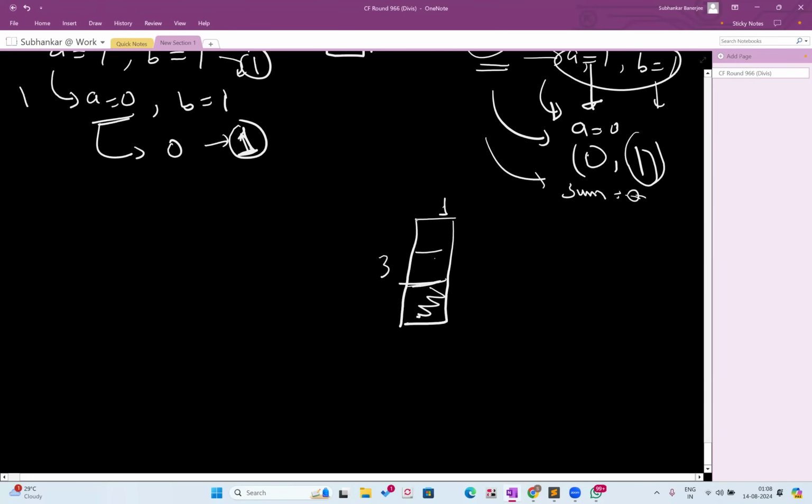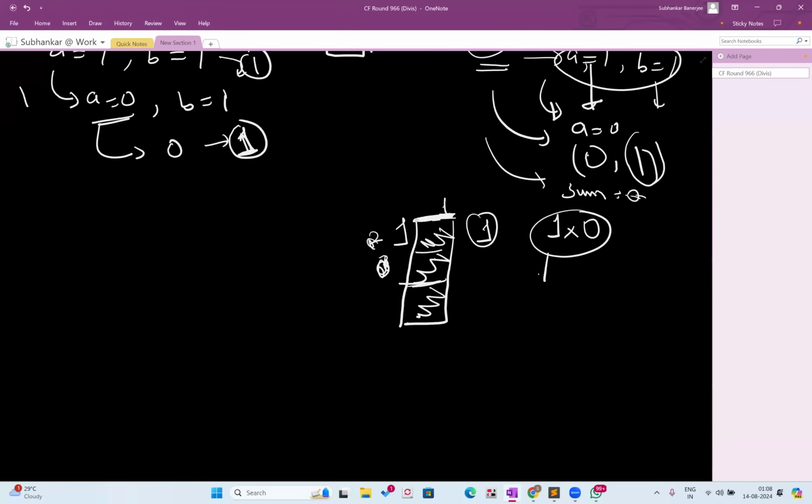Then I am left with a 2 cross 1 grid, right? Then I have a 1 cross 1 grid. So I assume that I am coloring it with 1 cost, and I am getting 1 in the point, and after that I am left with a 1 cross 0 grid.